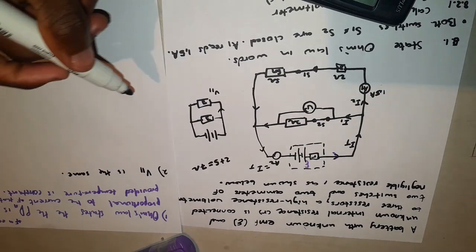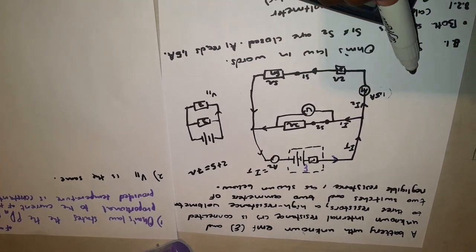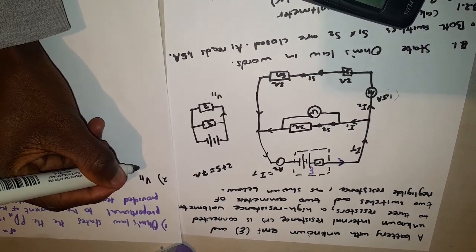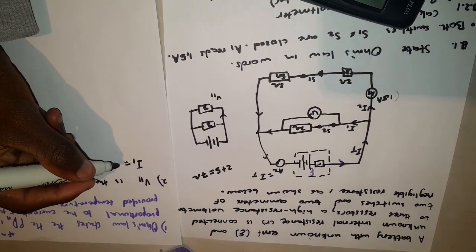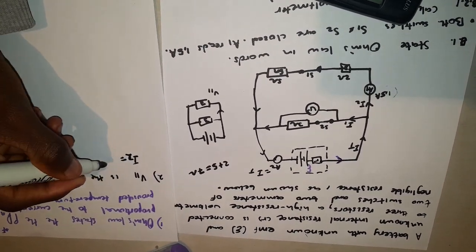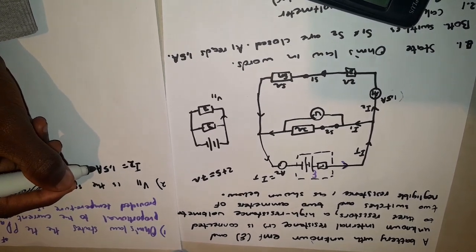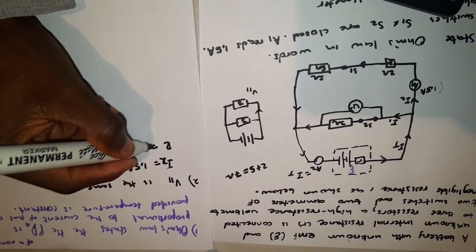So now we can find the voltage because we have our current. Let's note down everything we have. We have our current A1. Let me do A2. It's 1.5 amperes.